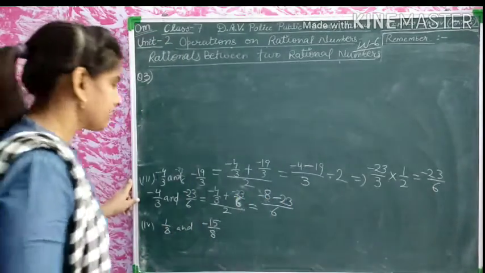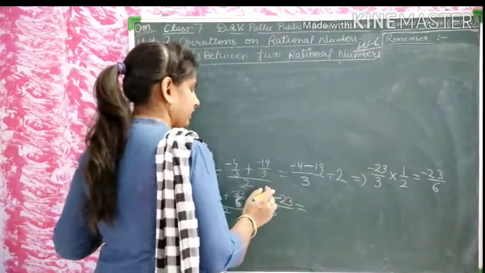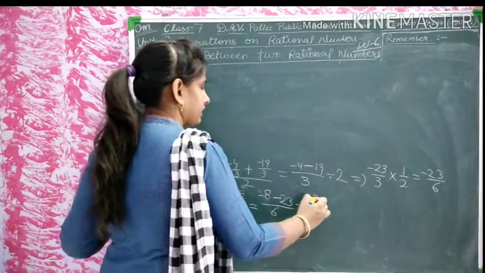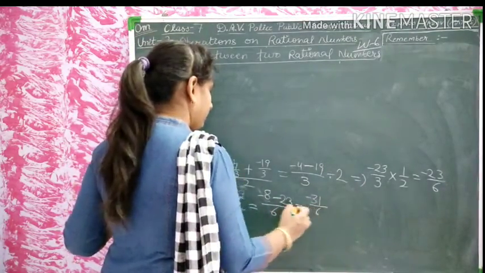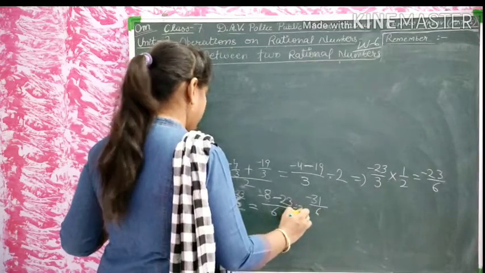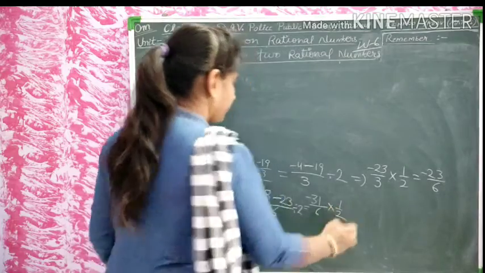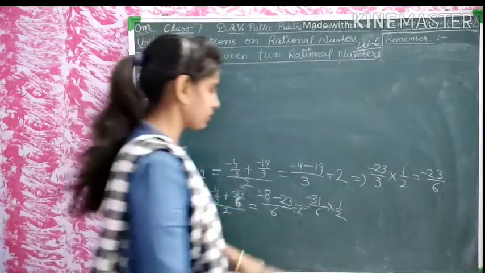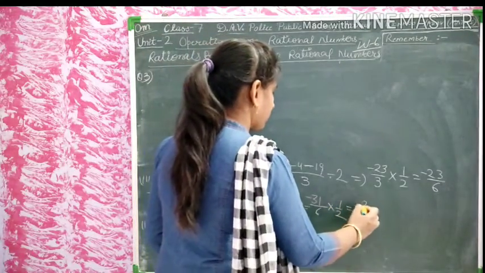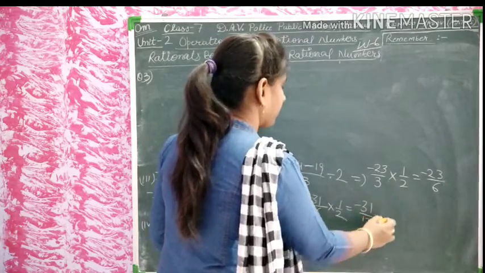So students, let's see, minus 23 minus 8, that is minus 31 and divided by 6, sorry, it will be divided by 2 and this becomes 1 by 2 here. Okay students, now we will go to minus 31 divided by 12.